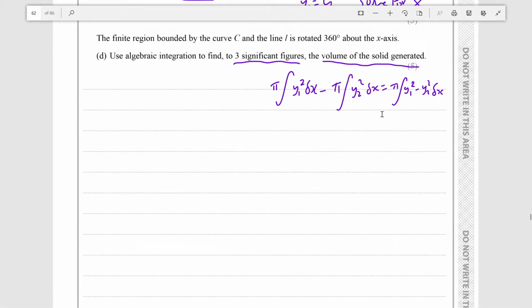You might have the intuition to do (y1 minus y2) squared dx, because you would think that it is the difference between the 2 lines that you're finding to get the area. However, this expands to y1 squared plus y2 squared minus 2y1y2.